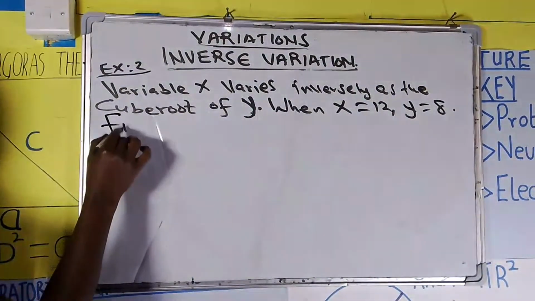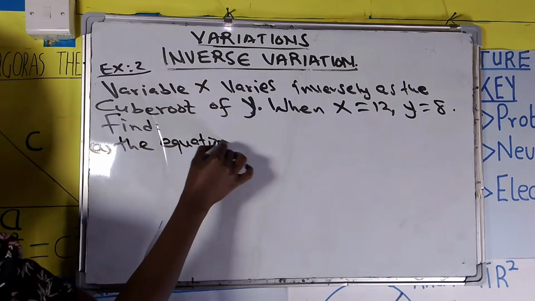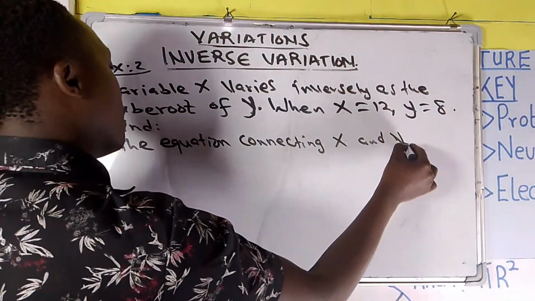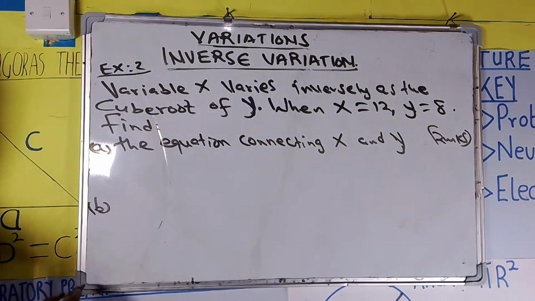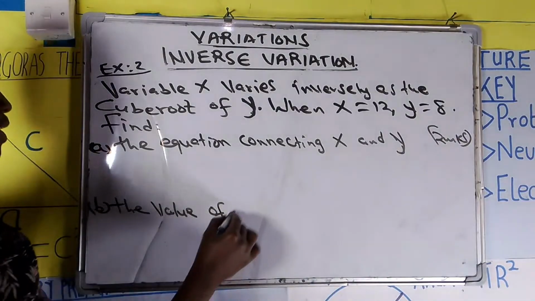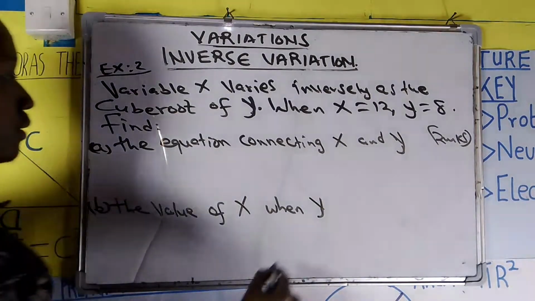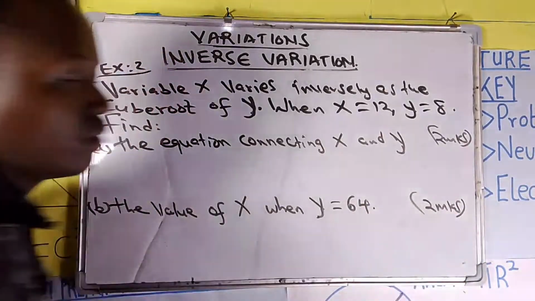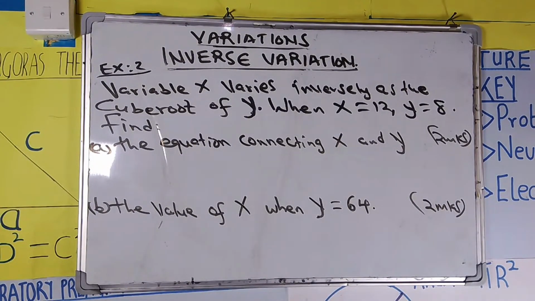Find a, the equation connecting x and y, 2 marks, and part B, find the value of x when y is equal to 64. Kwa sawa, tuendelee.